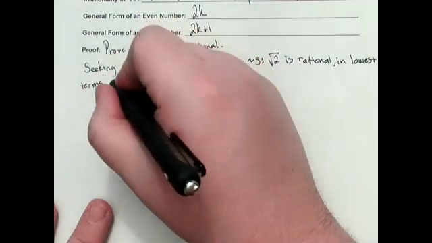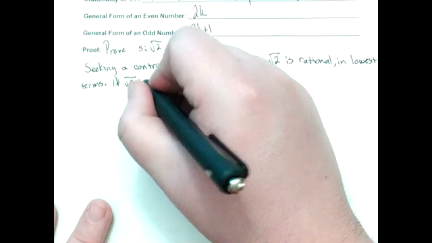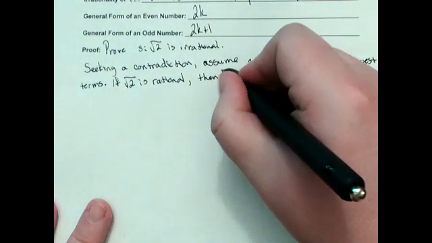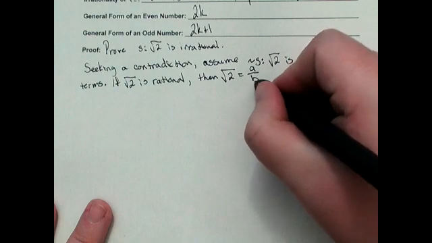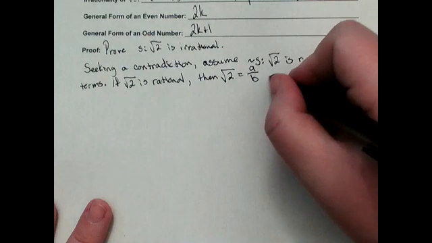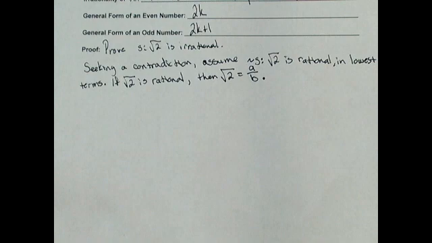So we say if the square root of 2 is rational, then the square root of 2 has to equal some fraction a over b, again in lowest terms. There's no common factor that we can divide out of a and b.